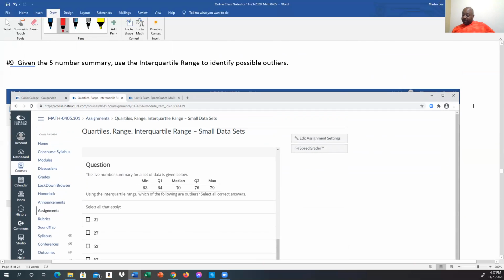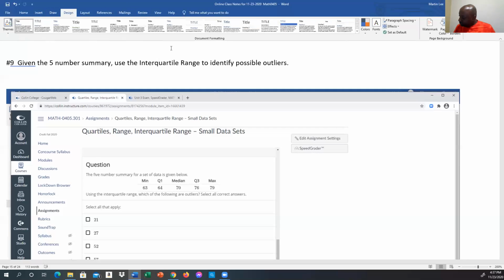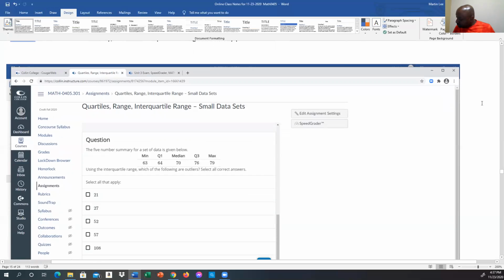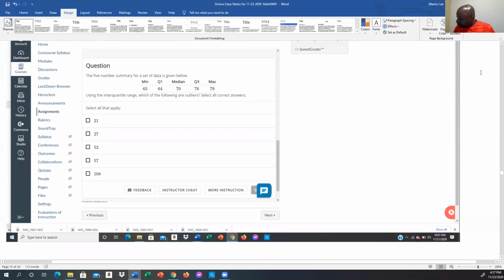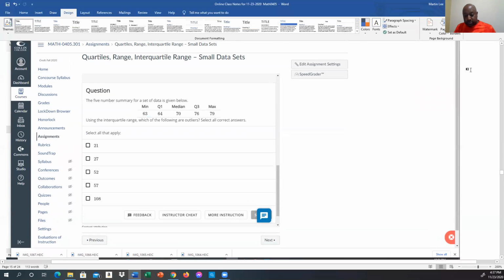Okay, so for this problem, it says we're given the 5-number summary. We want to use the interquartile range to identify possible outliers. All right, so let's take a look at what we already know.